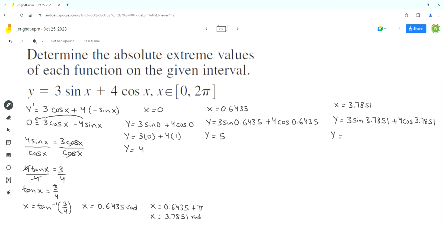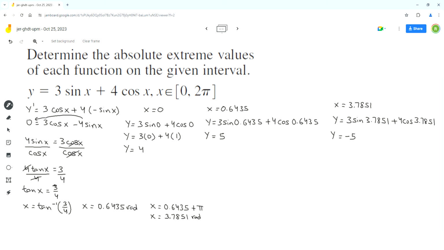Now we can do this calculation in our calculator. So I got -5.